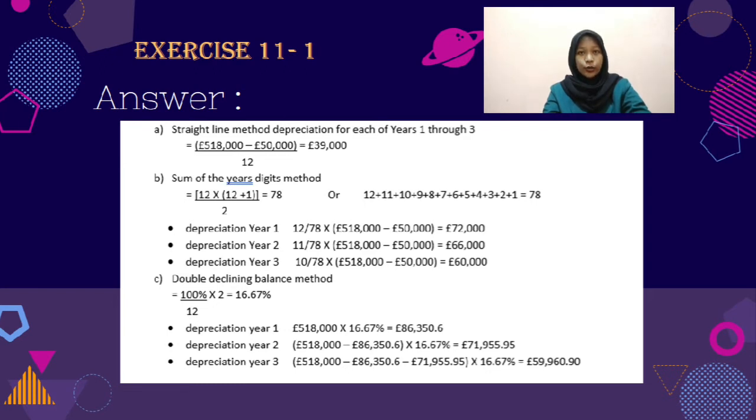Depreciation year 2: 11/78 multiplied by in parentheses 518,000 minus 50,000 is 66,000. Depreciation year 3: 10/78 multiplied by in parentheses 518,000 minus 50,000 is 60,000. C. Double declining balance method.